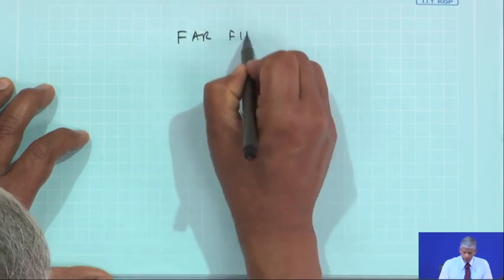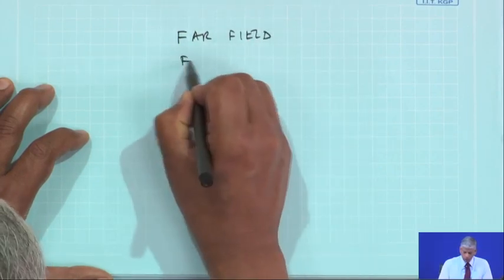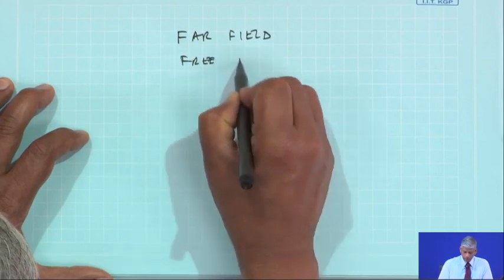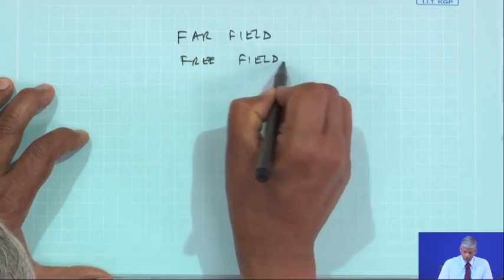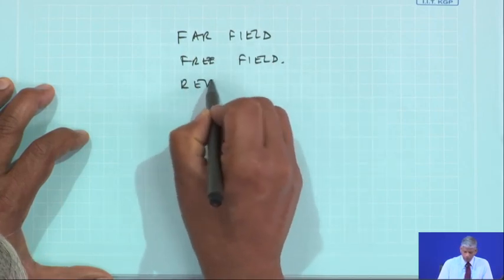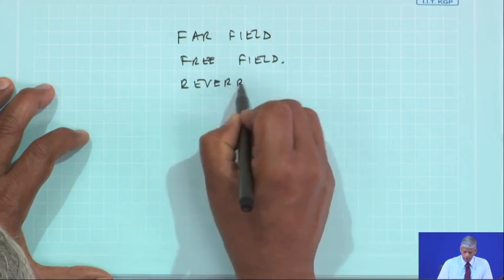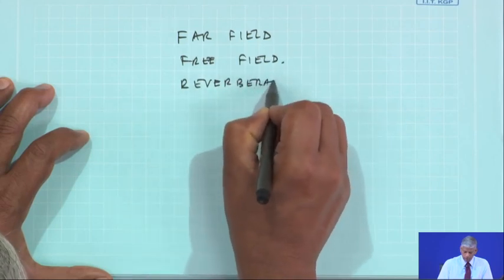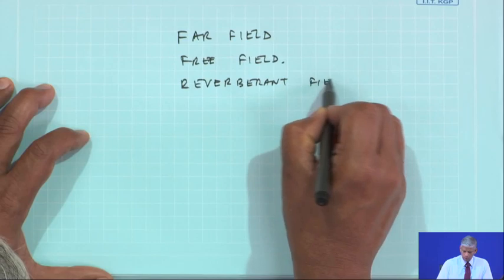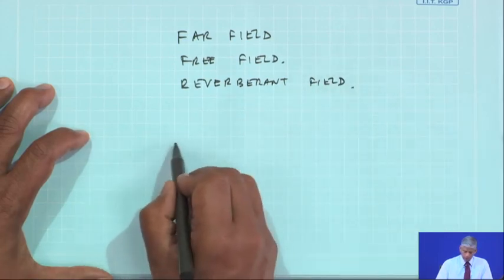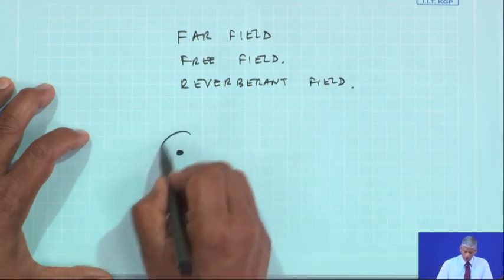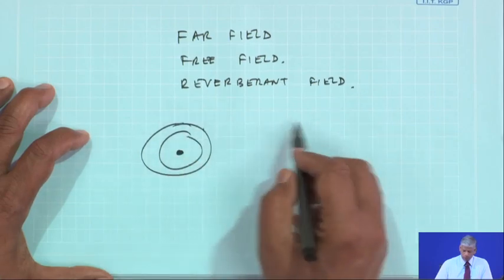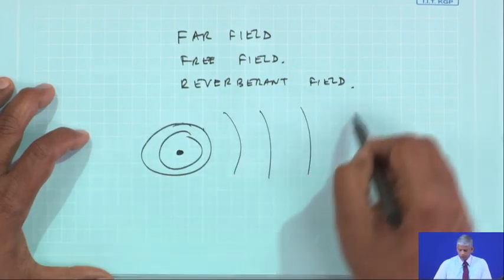far field, free field, and reverberant field, etc. See, when I have a noise source, it is radiating sound in all directions.